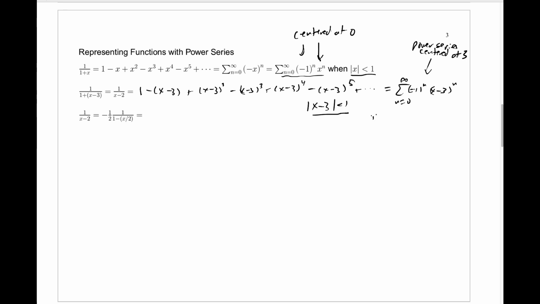In other words, the interval of convergence, which is the solution to this inequality, is an interval of radius 1 centered at 3. So in this case, it's the open interval because that's the less than. It's the interval from 2 to 4. So this power series is valid only when x is between 2 and 4.